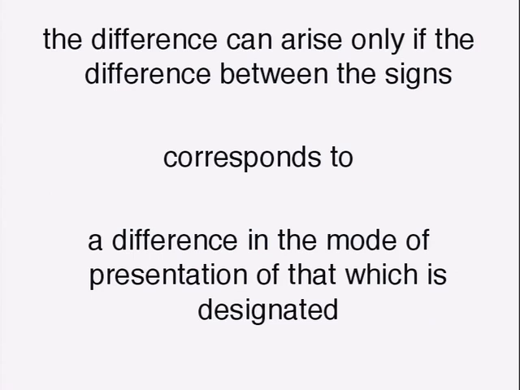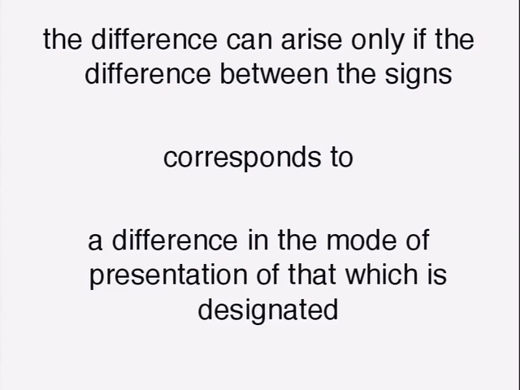Here's Frege's punchline. The difference can arise only if the difference between the signs A and B corresponds to a difference in the mode of presentation of that which is designated. So the point is that when you get the sign A, there's a take on the object, a way of getting onto the object, a perspective on the object that A expresses.